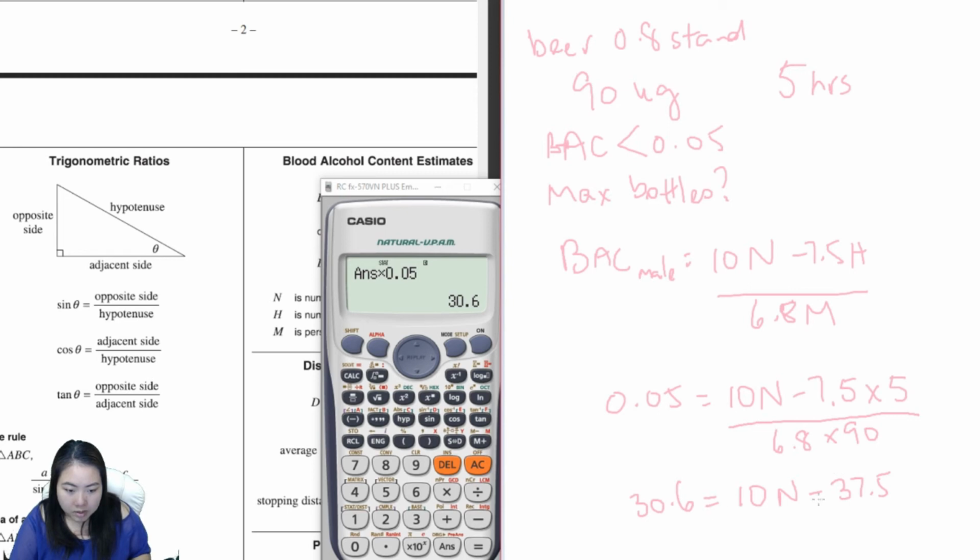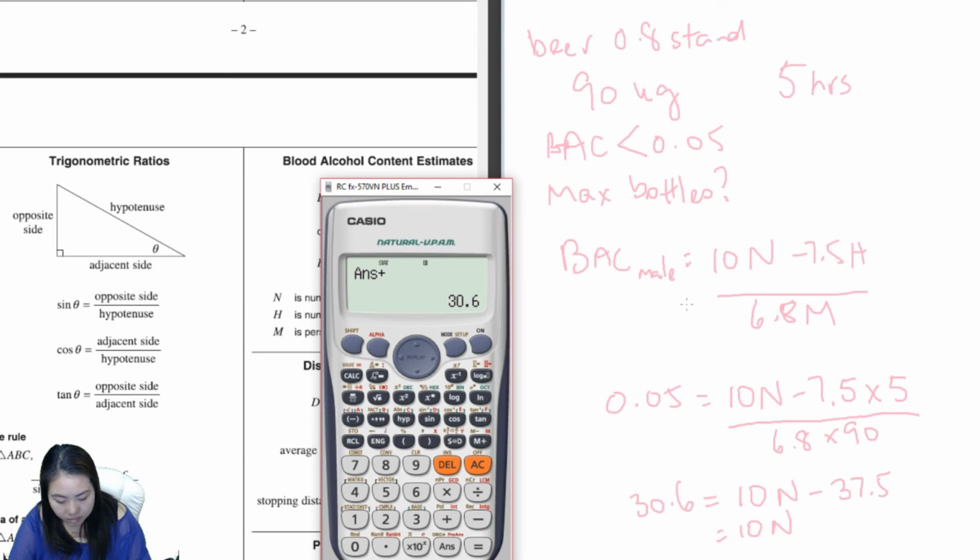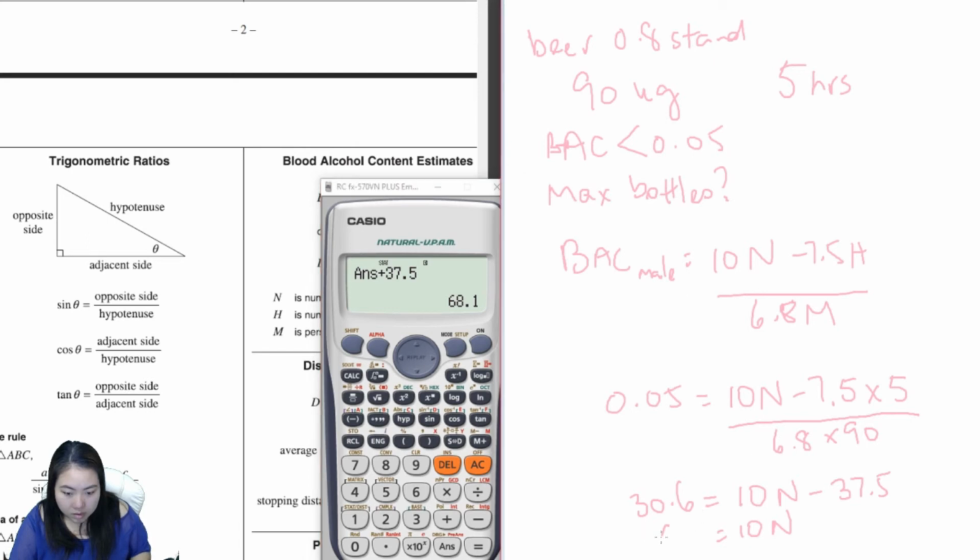Then I plus 37.5 on both sides. 68.1. Divide both sides by 10 and that would give us N is equal to 6.81. So according to this formula, he can drink 6.81 standard drinks.